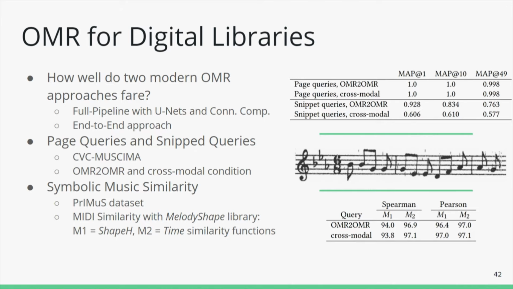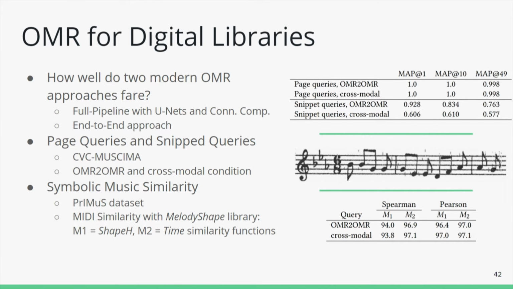We did this with the Primus dataset, which contains about 1,600 incipits, and computed the correlation coefficients, Spearman and Pearson. They both show good trends, so you can probably swap the ground truth with OMR systems for many cases because they show the same trends.